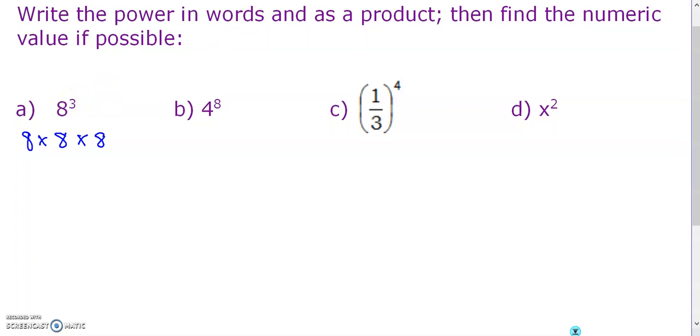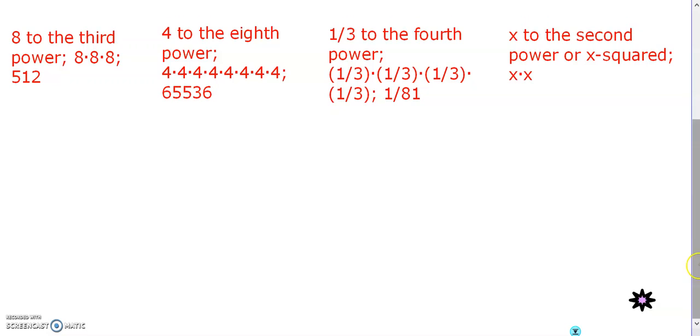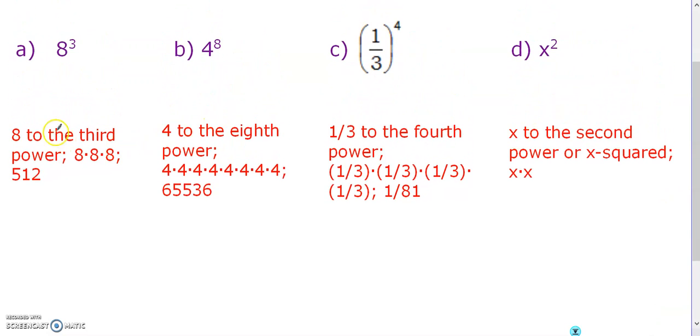So I'm going to go ahead and clear what I wrote there so we can take a look at it fully expressed for all of these. So we've got 8 to the 3rd. Another way you could say this is 8 cubed. You could also say 8 to the third power or 8 to the power of 3. Written out in multiplication form, it's 8 times 8 times 8, which has a value of 512.